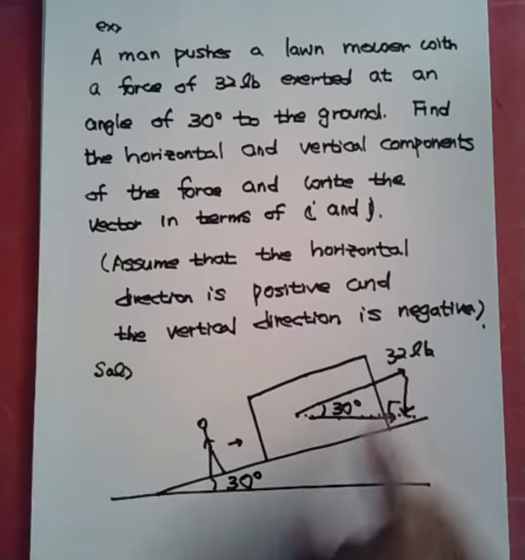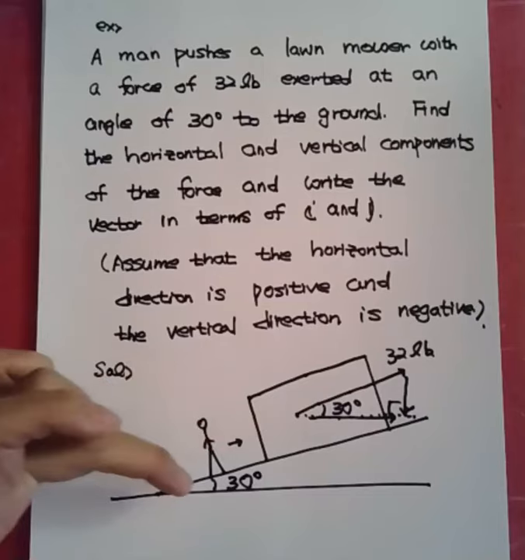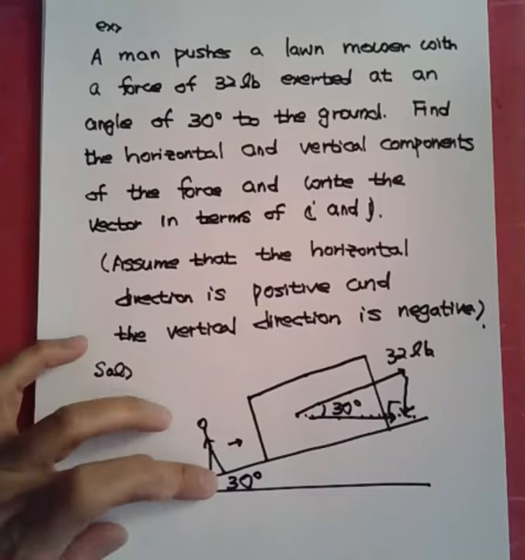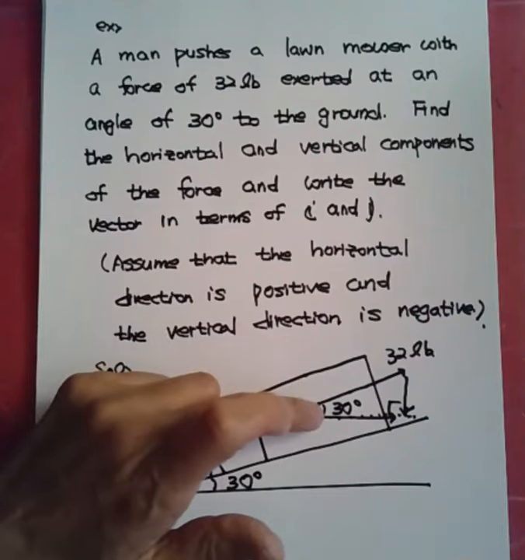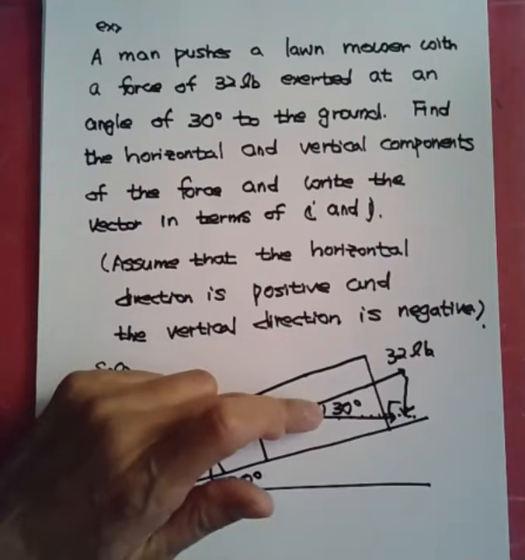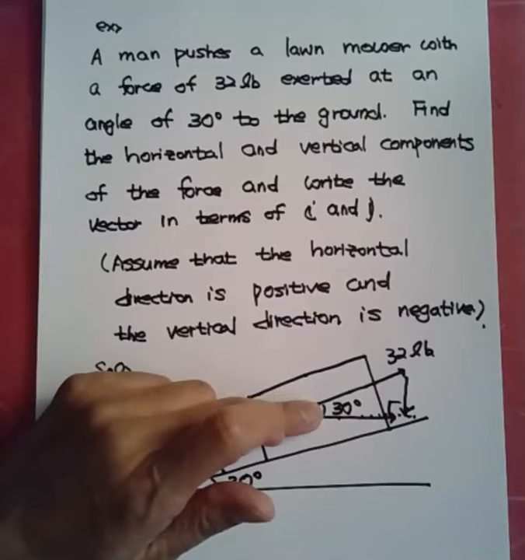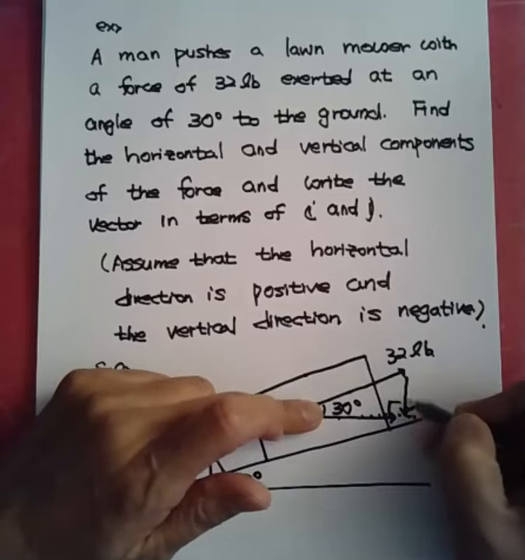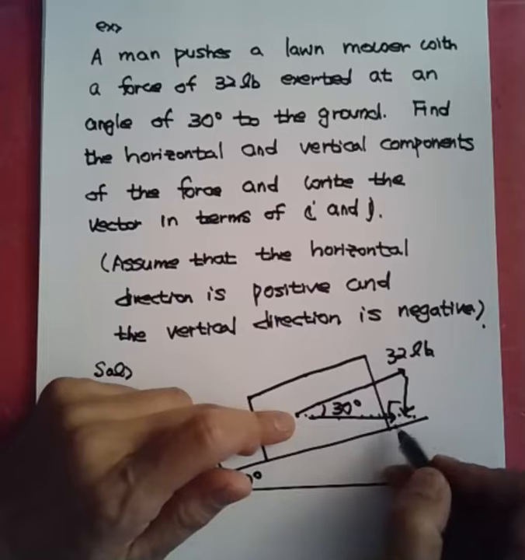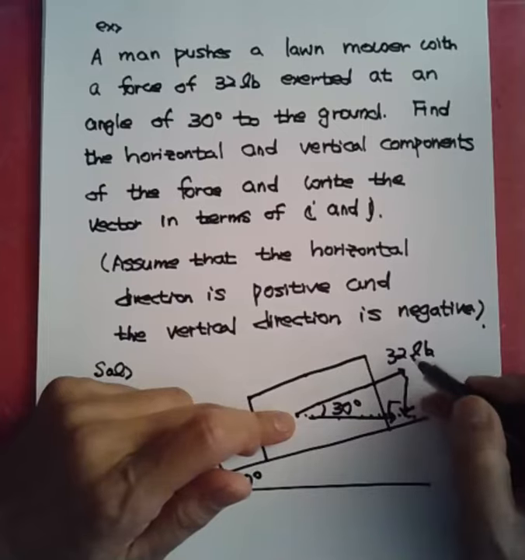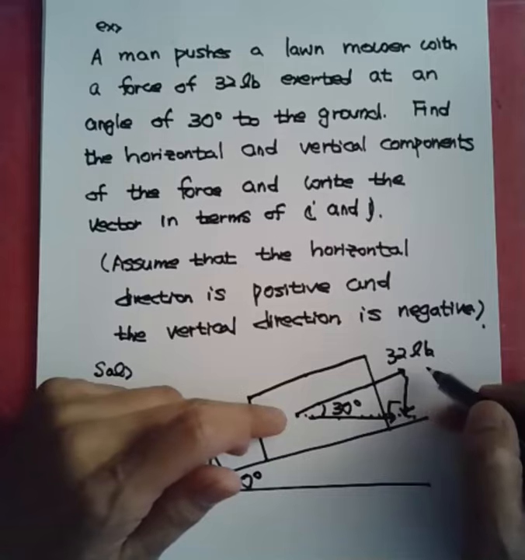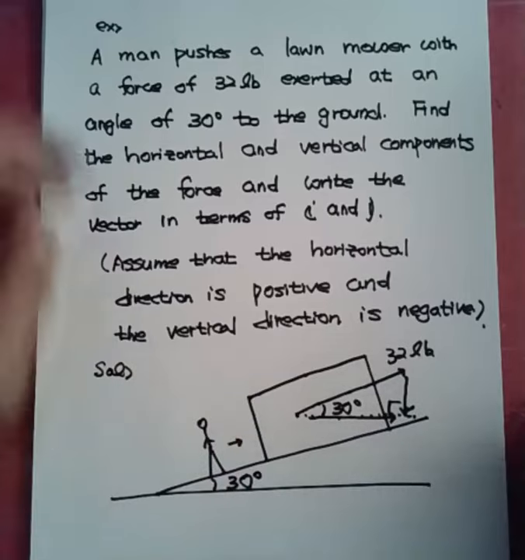And then we have to figure out the horizontal and vertical component of the force. If we draw the right triangle here, then this elevation is 30 degrees, so this angle is 30 degrees. And what we have to think about is this force and this force. This 32, the magnitude of the vector, is the hypotenuse of the right triangle.